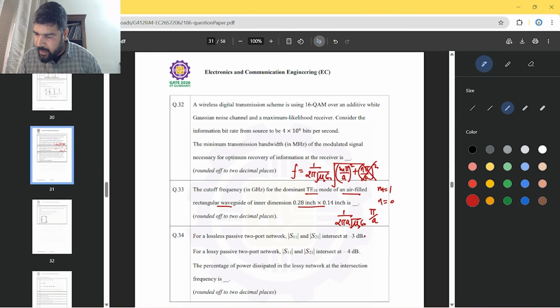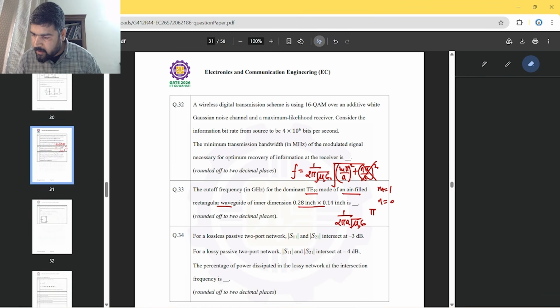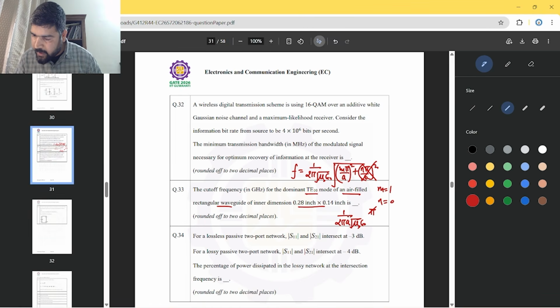Okay, a is taken out, and this pi will cancel. Okay, so it will become 1/2a root of mu naught epsilon naught. Now this 1/root of mu naught epsilon naught is 3 into 10 to the power 8 meter per second, divided by 2a.